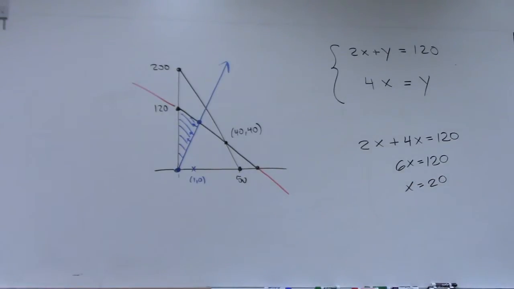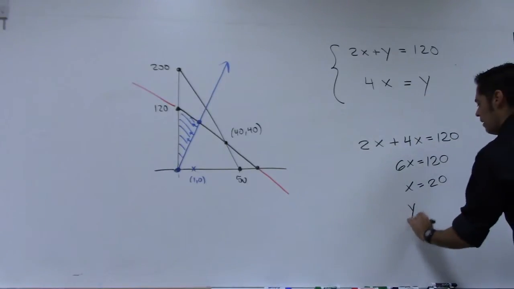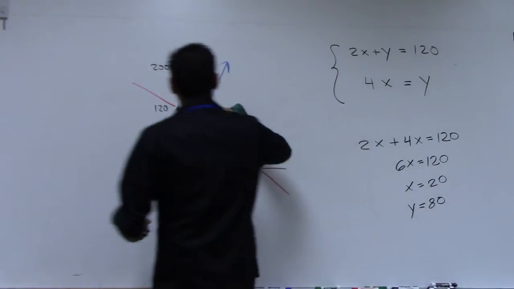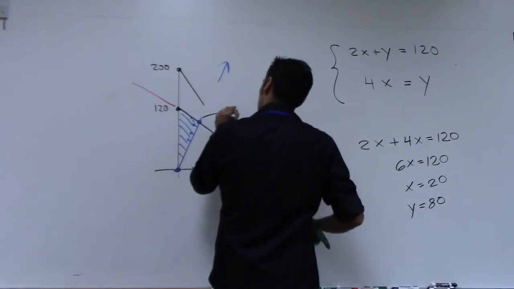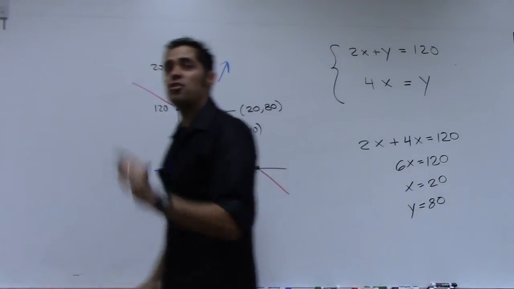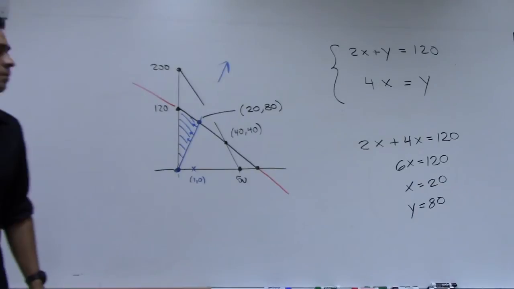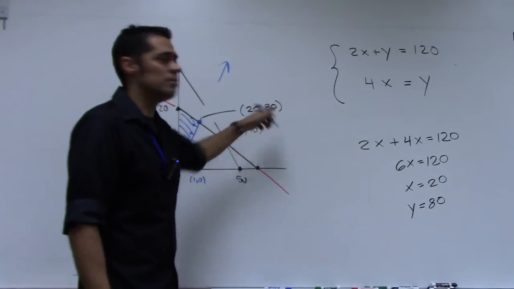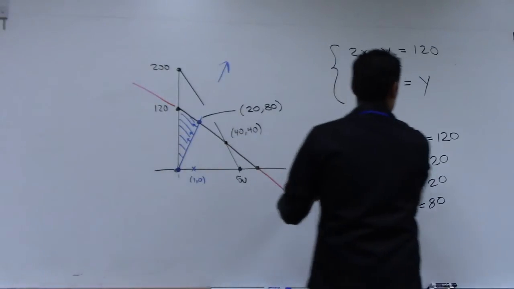Once you know what x is, you know what y is. So y is 80. This is the point 20, 80. Now we need to check our profit there: 20 tables, 80 chairs.